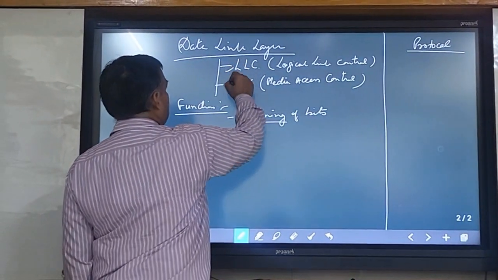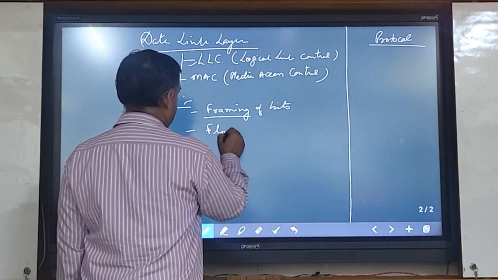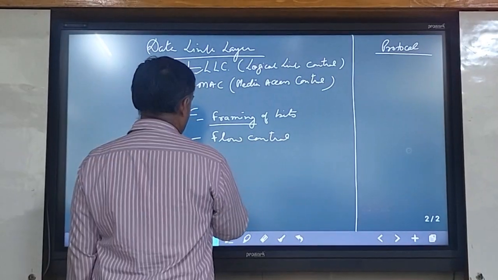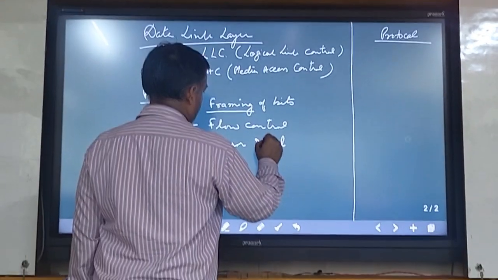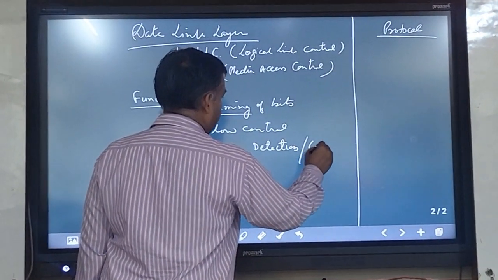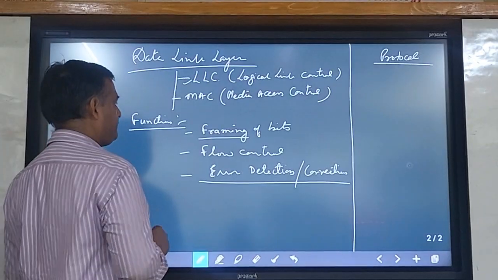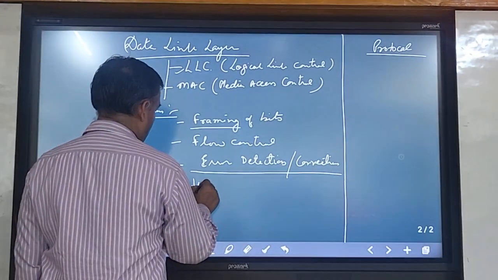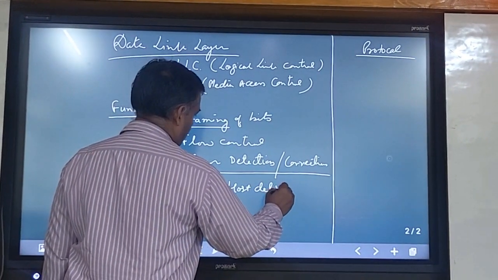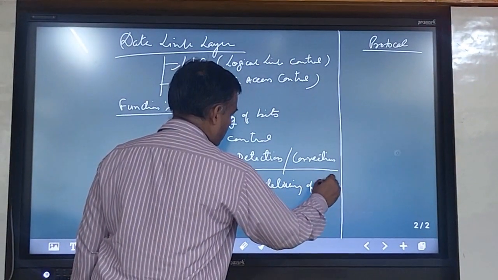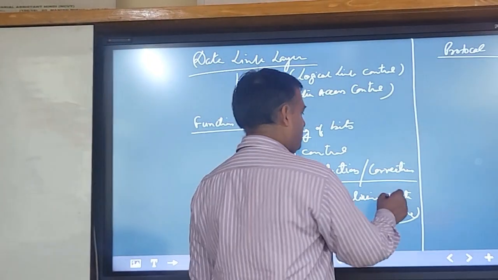We will discuss the topic also, and why these two sublayers are important. But firstly, we have flow control, error detection and correction, which is a very important topic, and host to host delivery of data, or more appropriately the frame, because over here the data is considered as a frame.